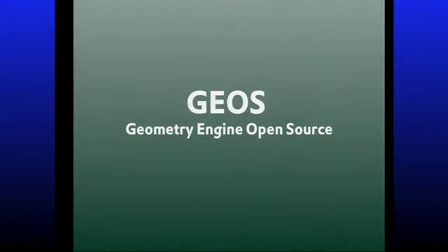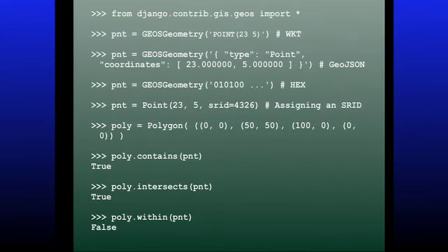All right, so GEOS stands for Geometry Engine Open Source. It's a C++ port of the Java Topology Suite, and it's a geometry engine. So here's an example of working with it.